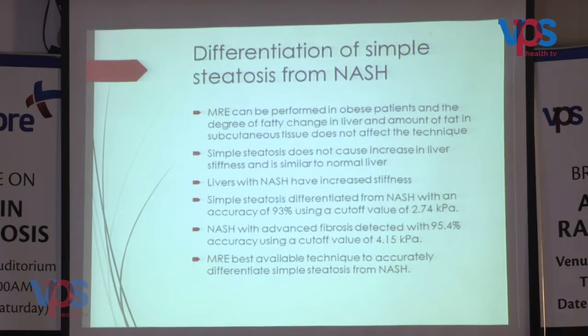So it's a very important concept you need to keep in mind, because many of your patients would have fatty liver and some of them would have steatohepatitis. And so if you pick that up at a very early stage, the patient can do some dietary control, lifestyle modification, and reverse the changes before the patient goes on to get fibrosis and chronic liver disease.